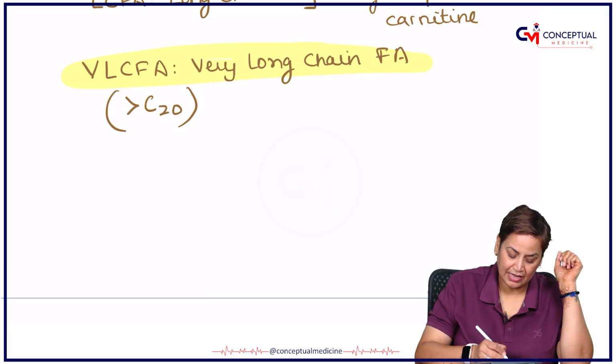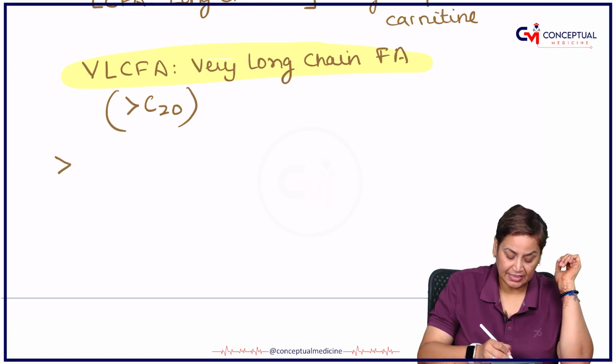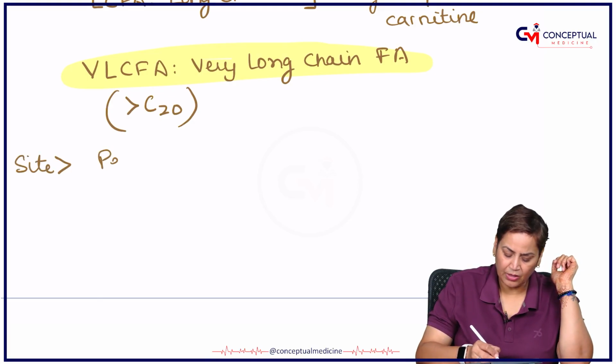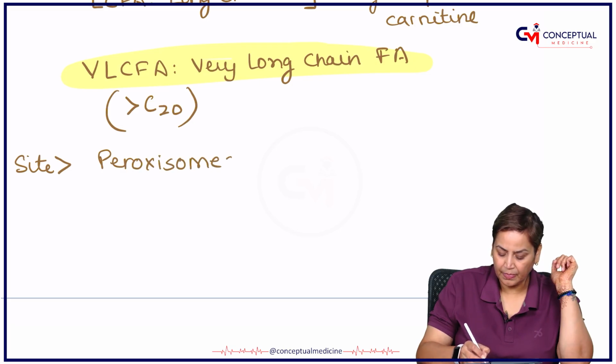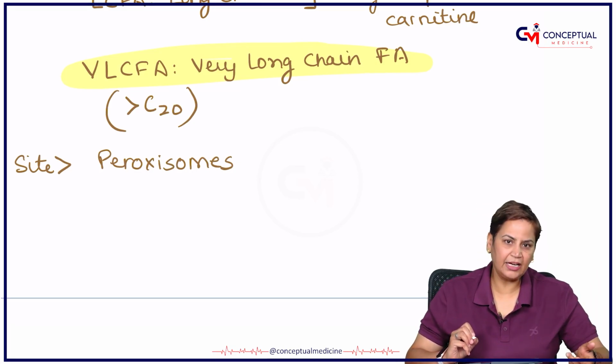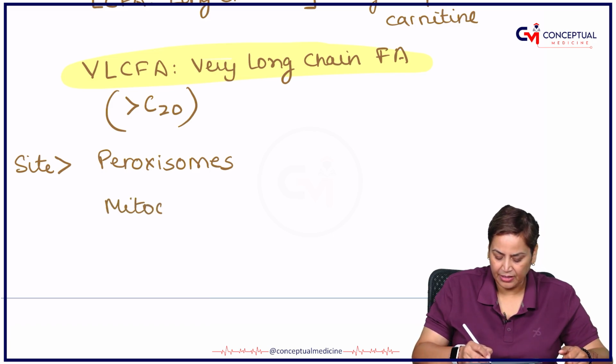Among VLCFAs, first of all, their main site of oxidation is peroxisomes. Right? First of all, they will enter into the peroxisomes and then the rest of the oxidation will take place in the mitochondria.